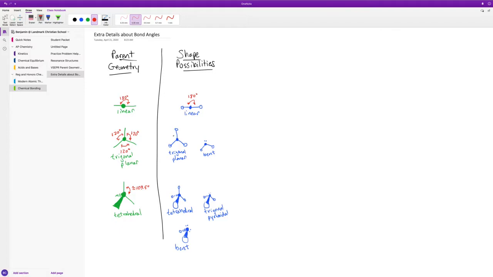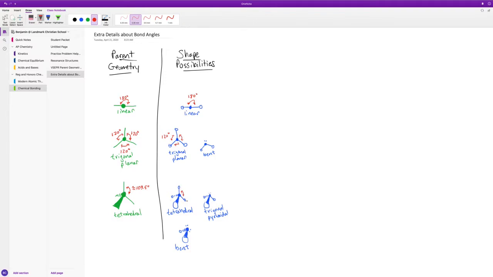In a trigonal planar molecule, all of the angles going around here would also be 120 degrees. Okay, so all of those, 120. And in the tetrahedral molecule, it's a little bit harder to draw arrows in all directions here because I'd have to draw, goodness, how many arrows? A lot anyways.